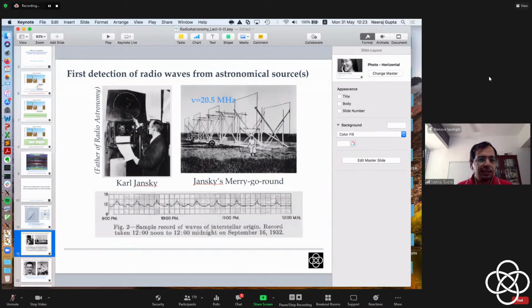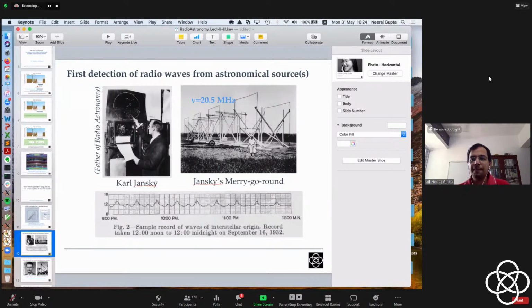So what Jansky, an engineer at Bell Labs, was doing: Bell Labs was setting up some transatlantic radio communication. They wanted to investigate, and they gave Jansky the task, because whenever they were doing this communication, there was always some kind of noise in the signal. So Bell Labs asked Jansky to please investigate the source of this noise.